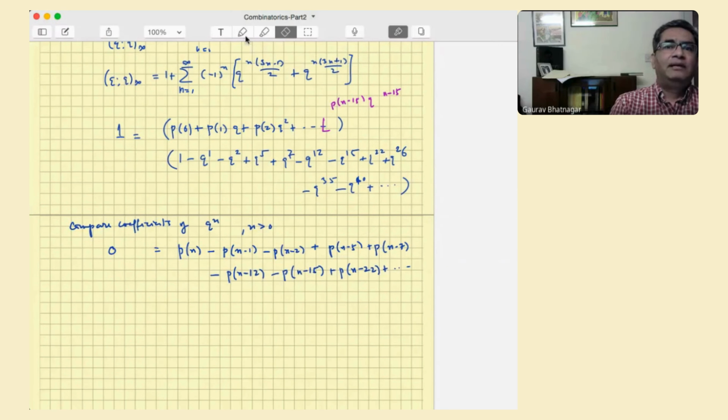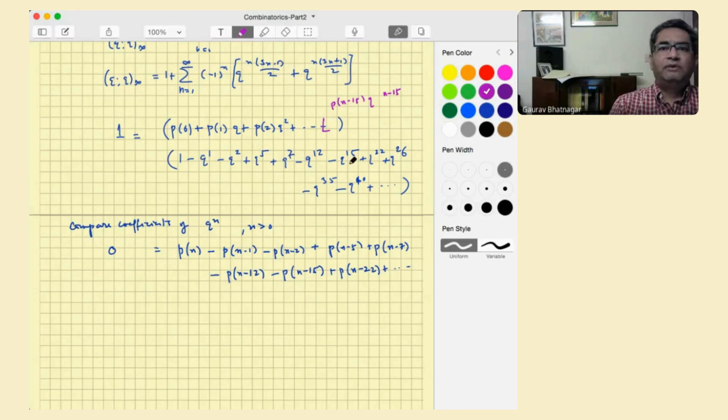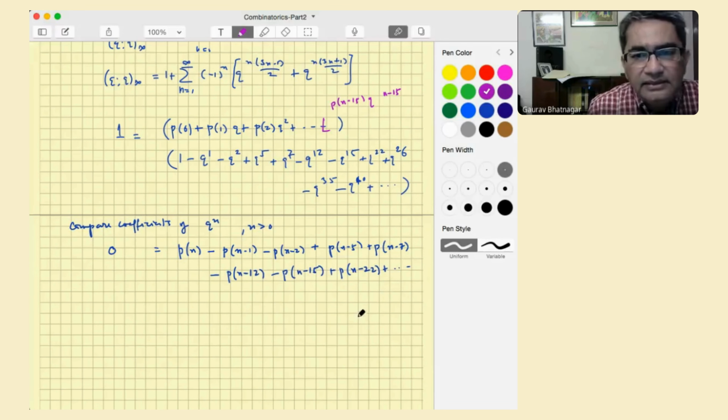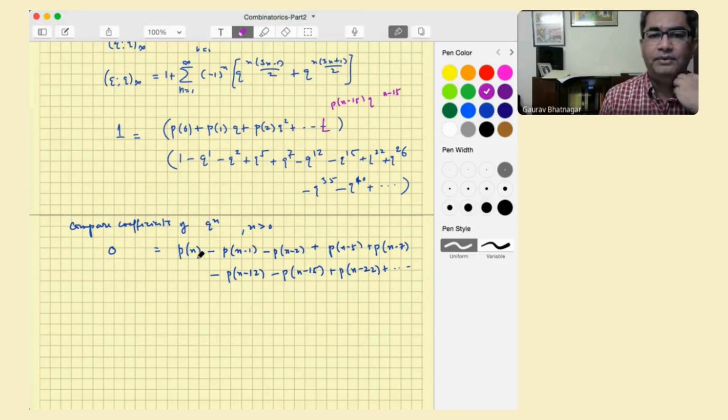Then I just multiply this with q raised power 15 here, and I will get, with a minus sign, p of n minus 15, which is what is over here. Right? So it's not an infinite recurrence because n is some fixed number. So you're just reducing the numbers by 1, 2, 5, and so on.